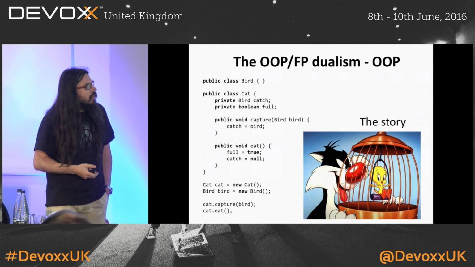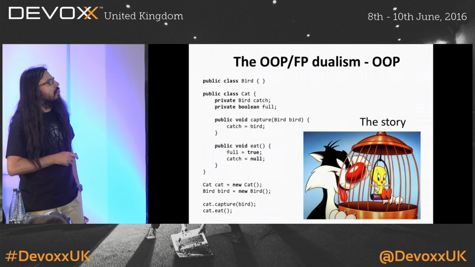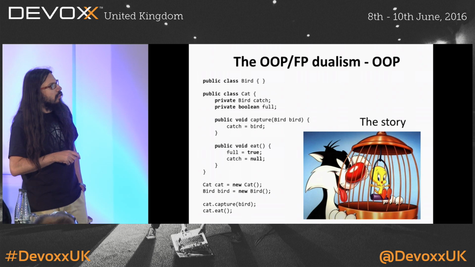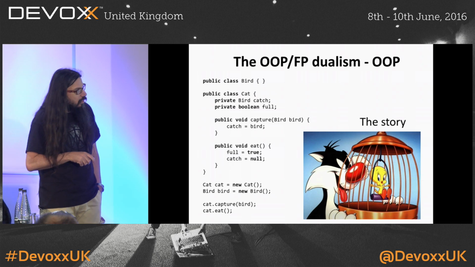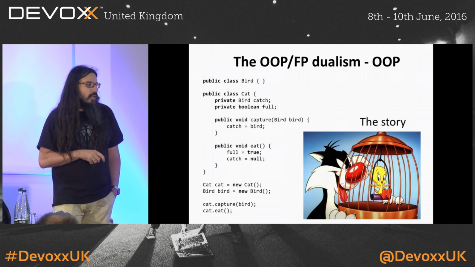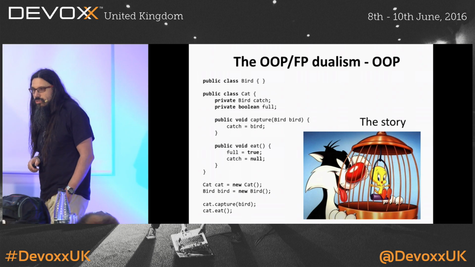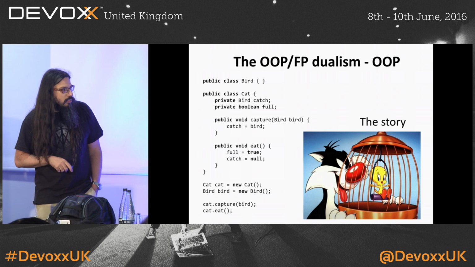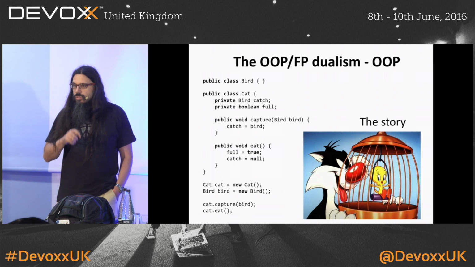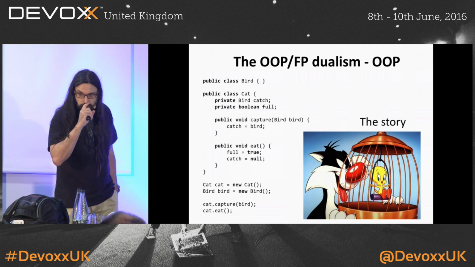The story is very simple. You have a bird and then you have a cat, and at some point the cat captures the bird, so the cat has a catch, and then you can call the eat method, and at that point the cat is full and there is no longer a catch, of course. So what you do is create a new cat, create a new bird, and call these two methods on the cat object. Very simple.